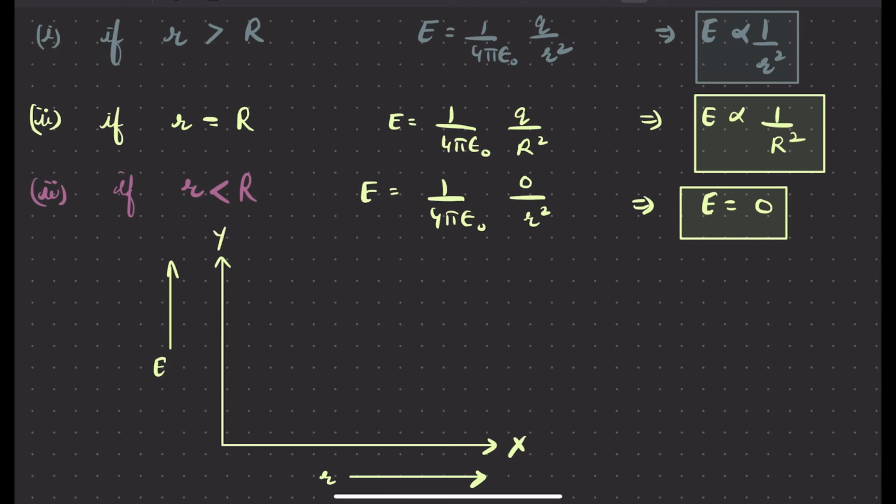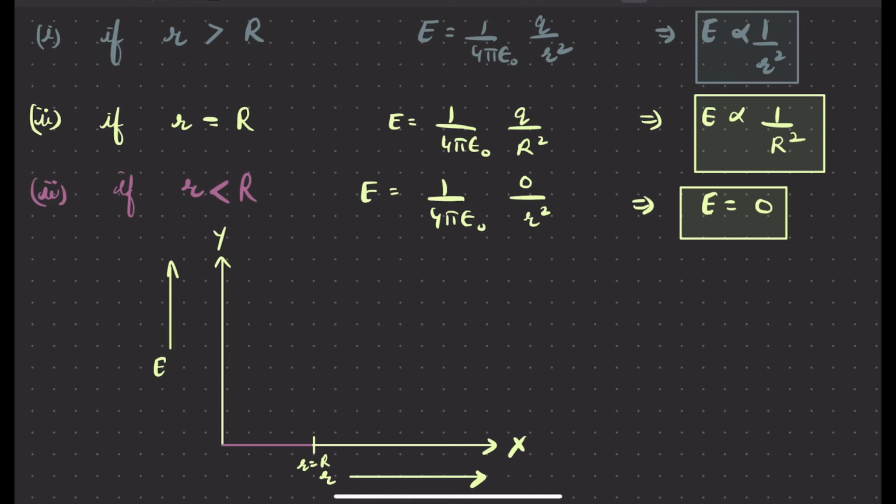Until we reach the value small r equals capital R, the electric field intensity will remain 0. So let us say at this point small r is equal to capital R. Until this value, the electric field intensity will remain 0. So I will plot this graph like this. It will always coincide with the x-axis until the value of small r is equal to capital R.